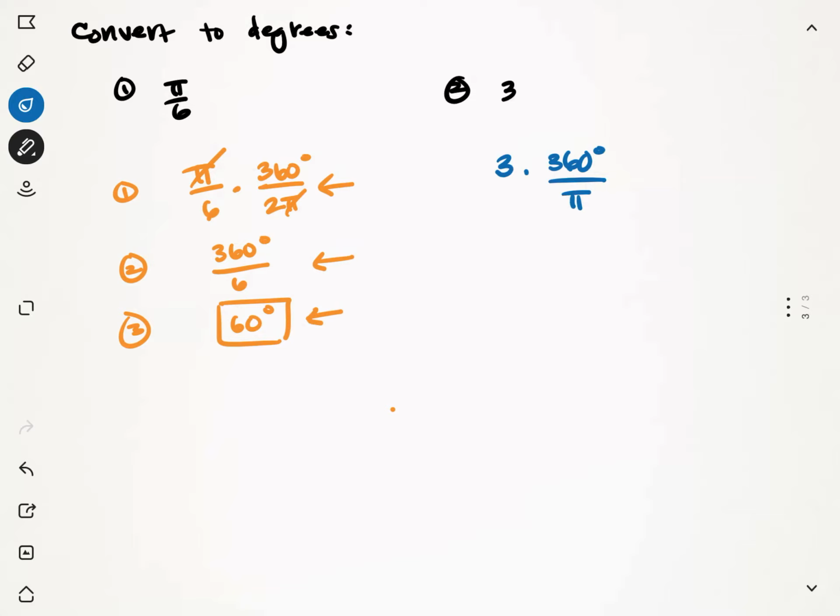So 3 times 360 divided by pi in your calculator is gonna give us 343.775. And we're saying approximately because we had to round.